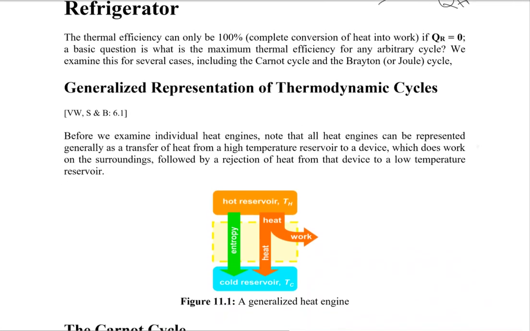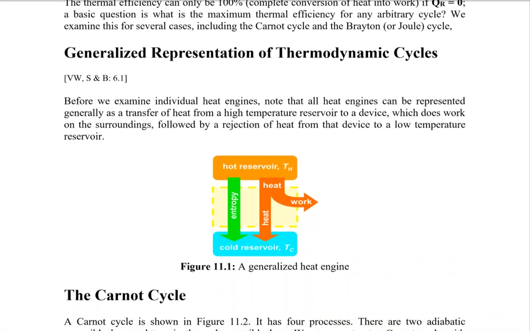Let's have a generalized representation of any thermodynamic heat engine. The thermodynamic heat engine works between two temperature reservoirs. One is a high temperature reservoir and one is the low temperature reservoir.